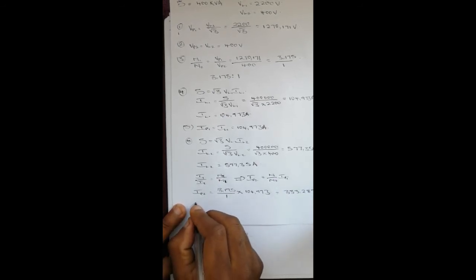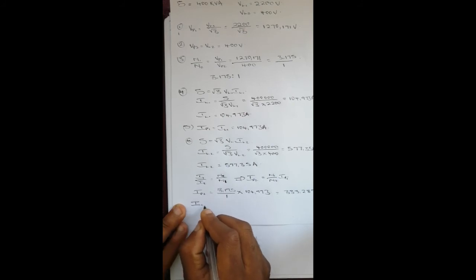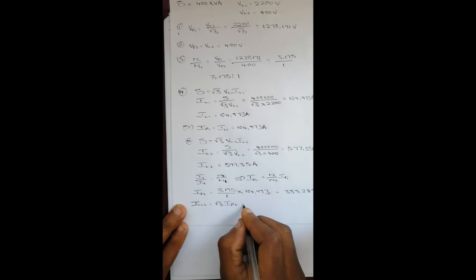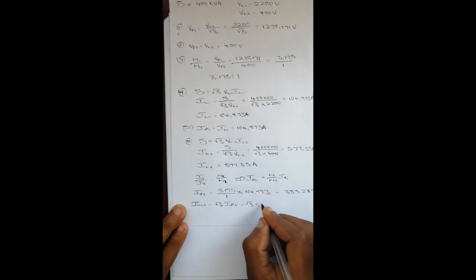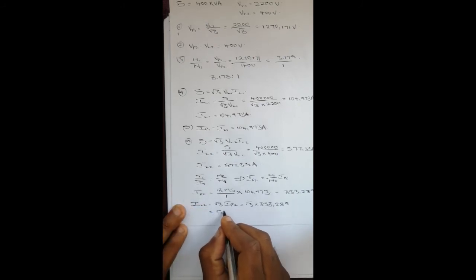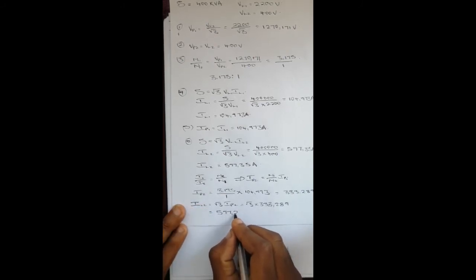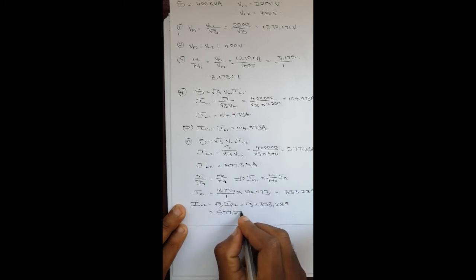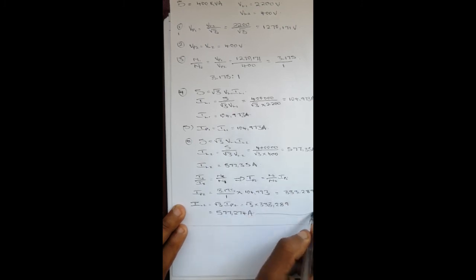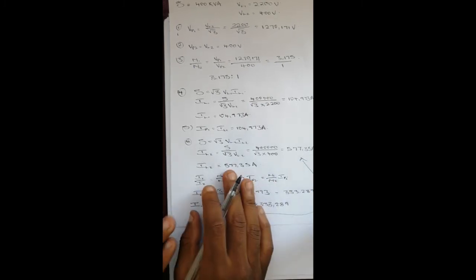Therefore I line 2 equals square root of 3 times I phase 2, which is square root of 3 times 333.289, equals 577.274 amps, which is almost the same as this one.